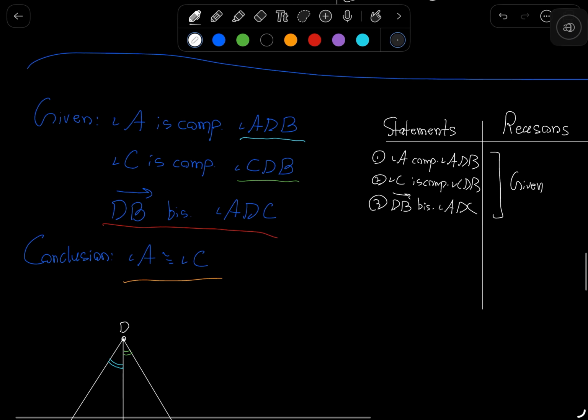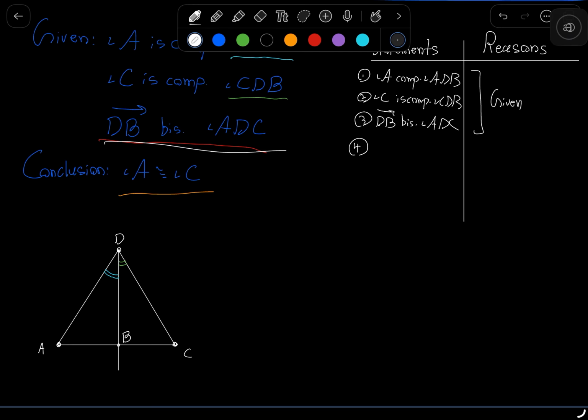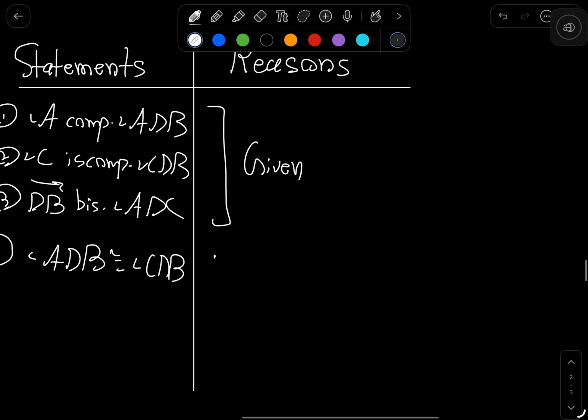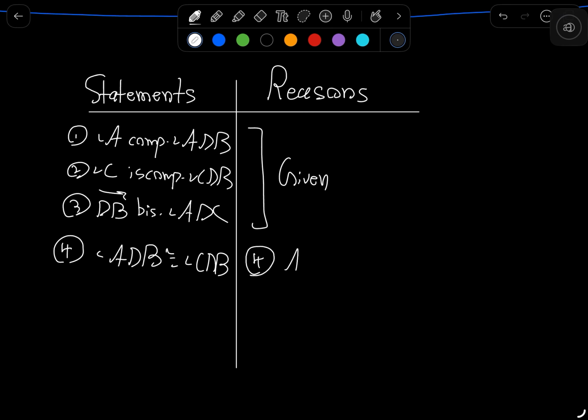Our next step, well, let's start with that angle bisector. If DB bisects angle ADC, you can say that the blue angle, angle ADB, is congruent to the green angle, which is angle CDB. The reason, once again, I encourage you to write the actual theorem down, but in this case, I'm just going to write angle bisector definition.